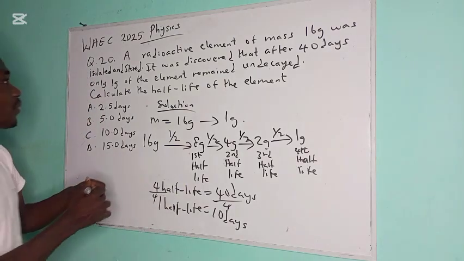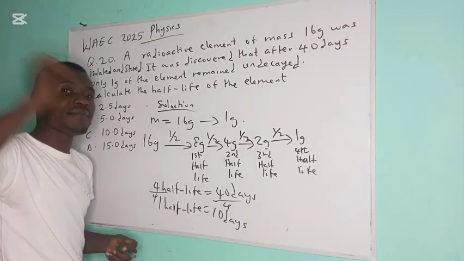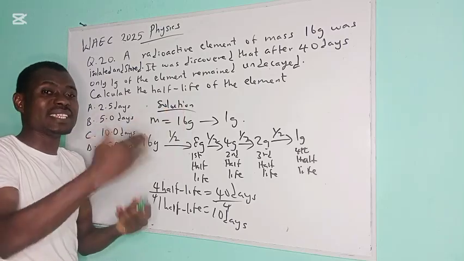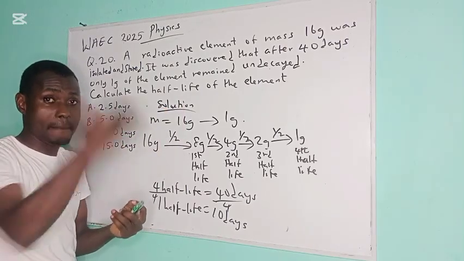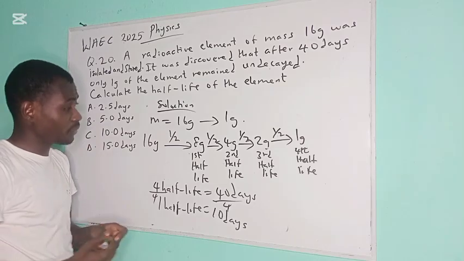So the half-life of this radioactive substance is 10 days. That is, after each 10 days, the mass will break down by half of the original value.